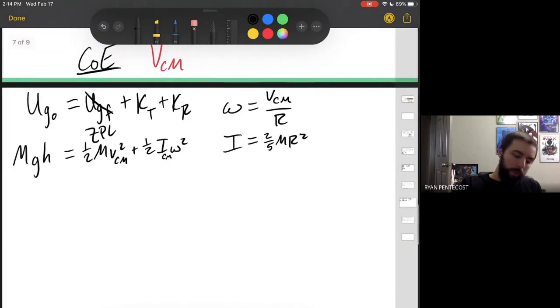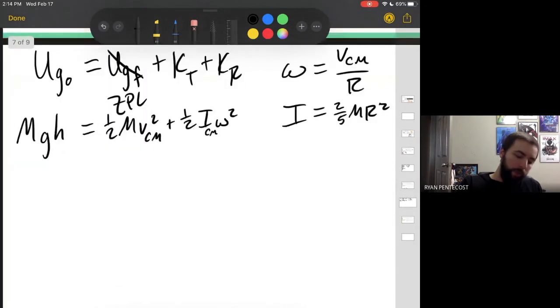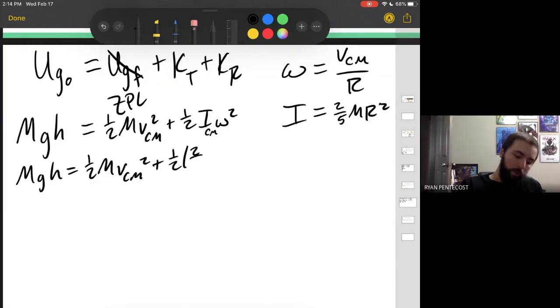So if we plug these in, we have mgh equals 1/2 m v center mass squared plus 1/2 times 2/5 m r squared. And our omega squared becomes v center mass squared over r squared. Okay. Right off the bat, r squared and r squared are out. M and m, you can divide those through. So let's see what we're left with.